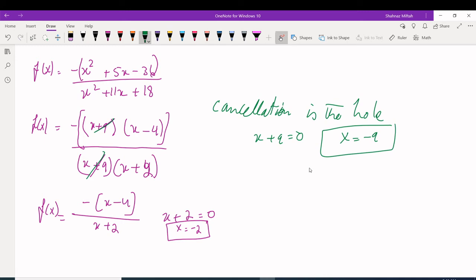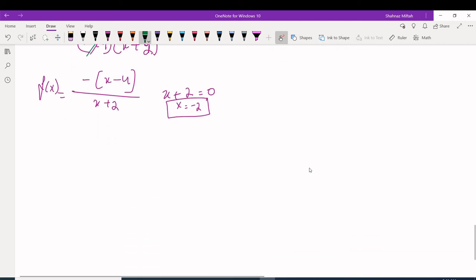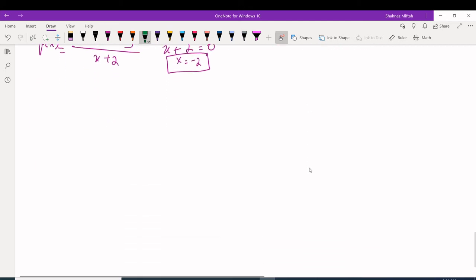Now I'm going to show you how the oblique asymptote works. We did the vertical asymptote, the horizontal asymptote, and now this one is the oblique asymptote.